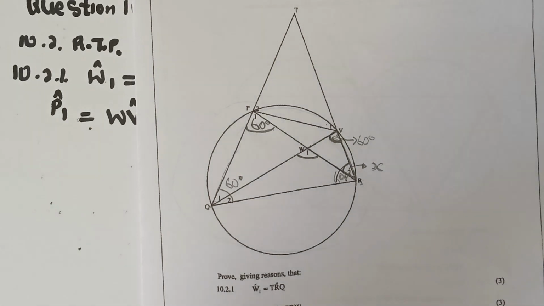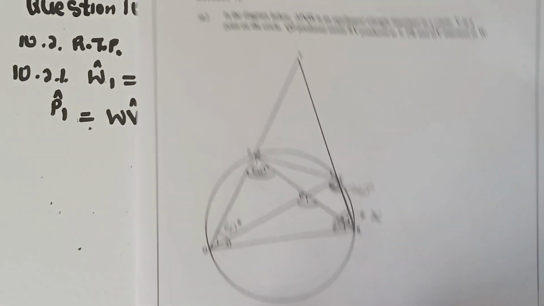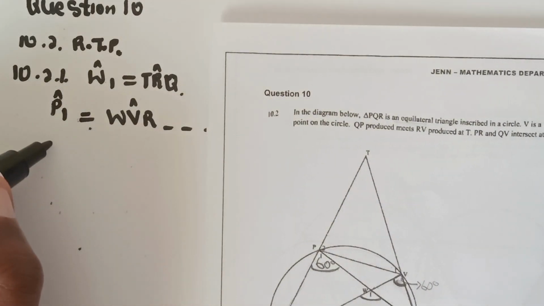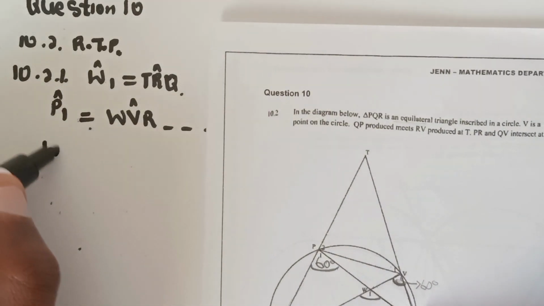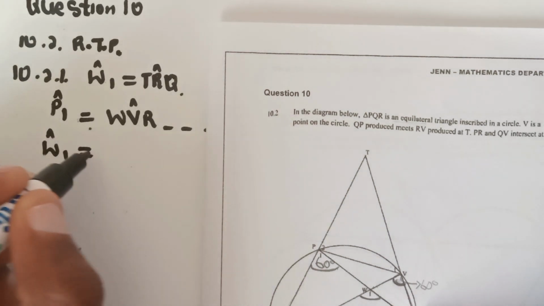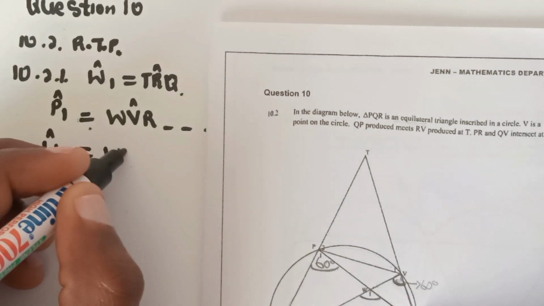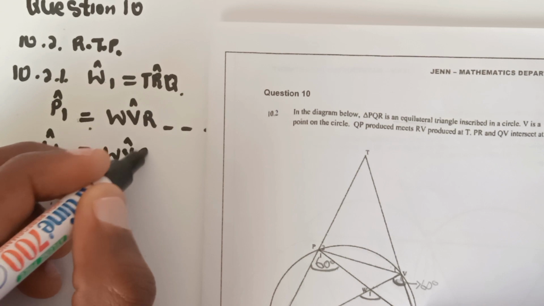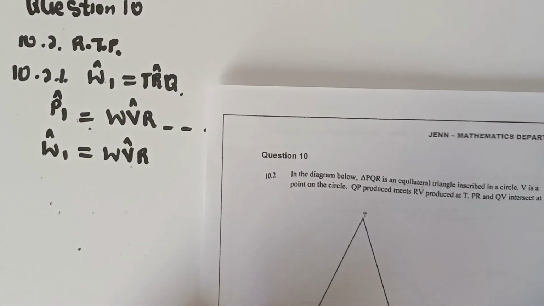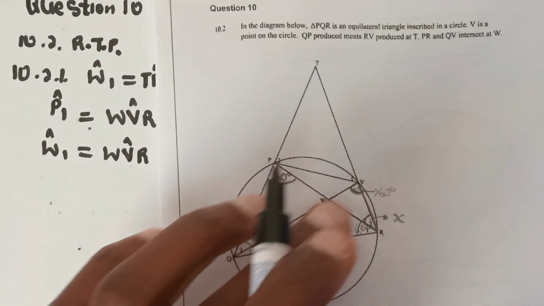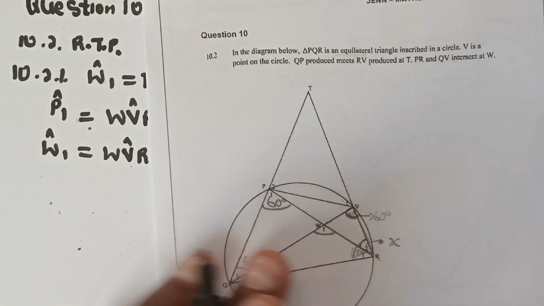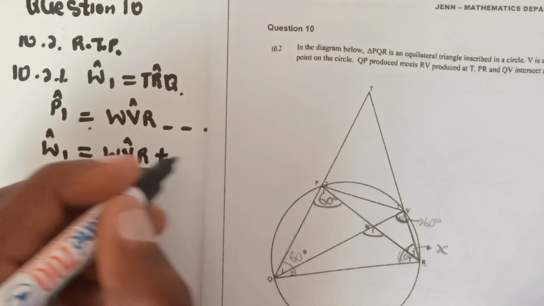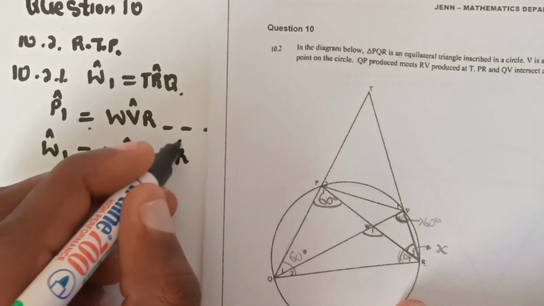Now let me first say that the angle W1 is equal to angle WVR, here is this angle WVR, plus angle R2.